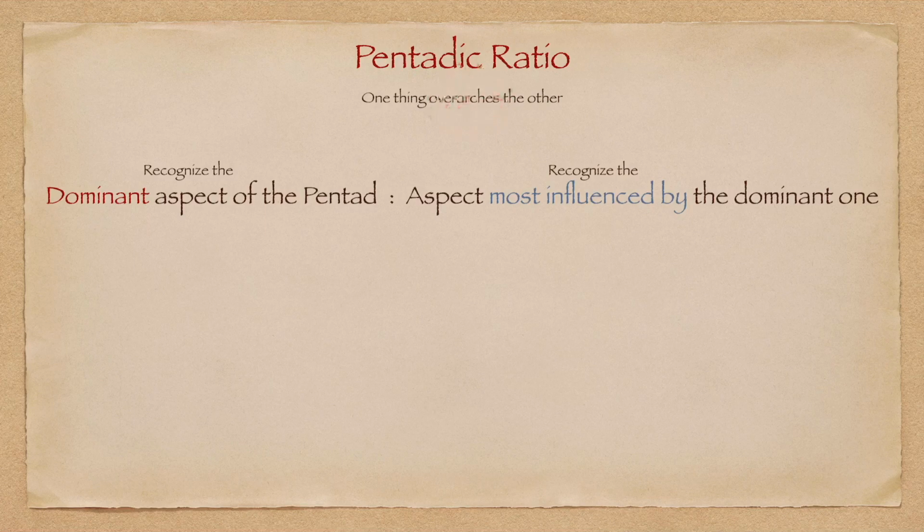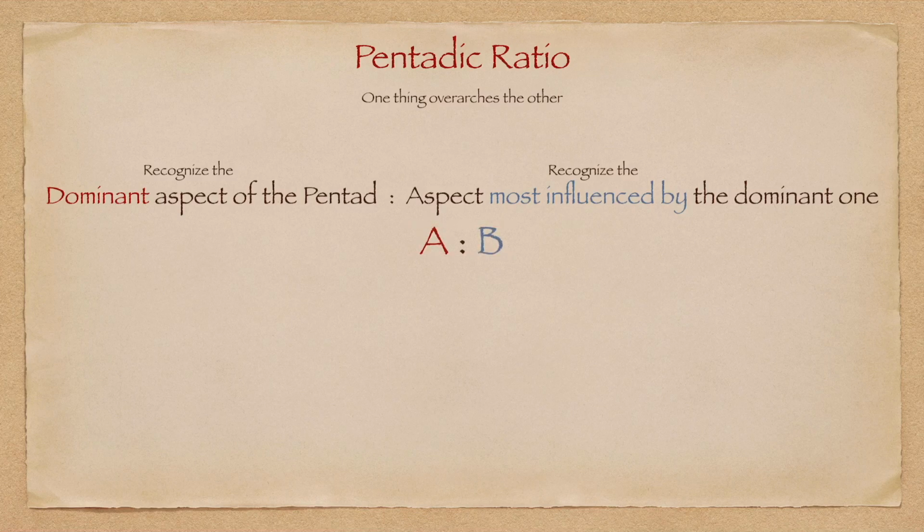But Burke says, once you have figured out what you understand as the dominant aspect of the pentad, the second question you've got to ask, you have to find as a critic, is the other aspect of the pentad that is most influenced by that dominant one. So you have a dominant aspect of the pentad. It's going to dominate all four others, but which of those other four does that dominant aspect most influence, most shape, most direct?